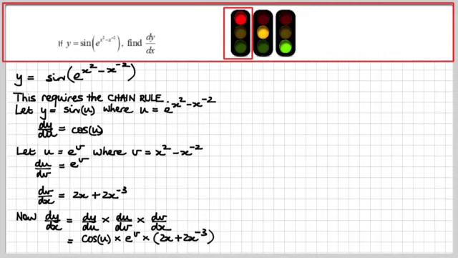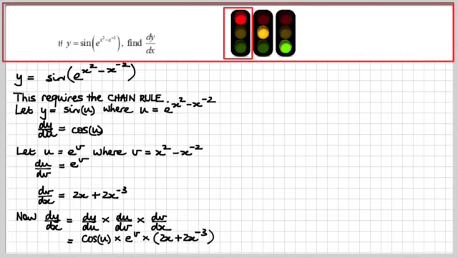Now, the last little step we've got to go through to get this sorted is to substitute back for the symbols which we invented here. So what was u? Oh, here it is, in terms of x. u is e to the x squared minus x to the minus 2. So we put that in there for that u. Now e to the v, v in terms of x is up here, x squared minus x to the minus 2, times this thing here which is already in terms of x.